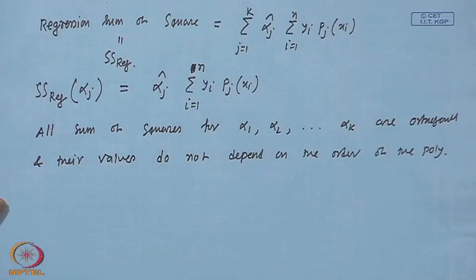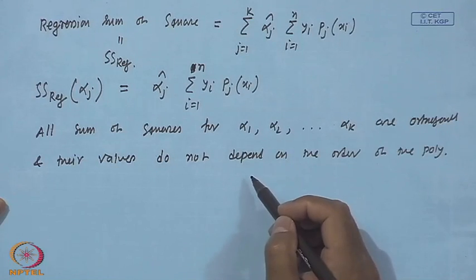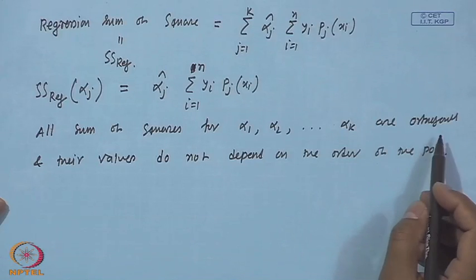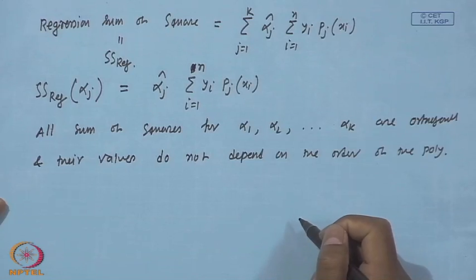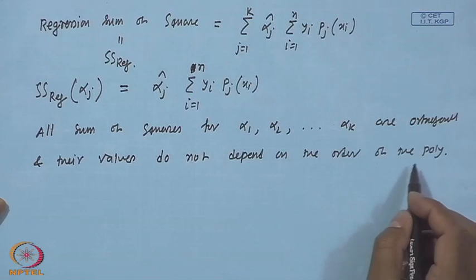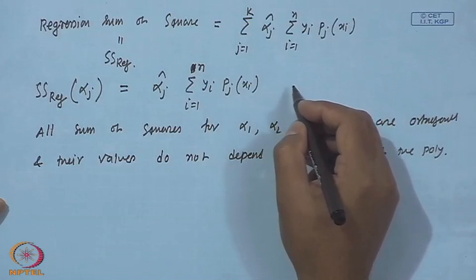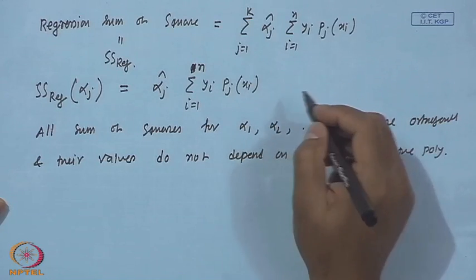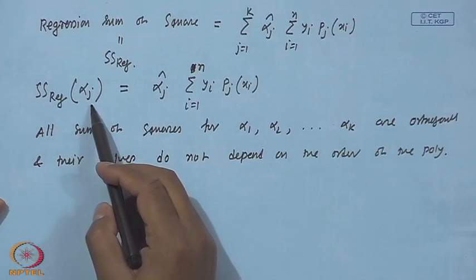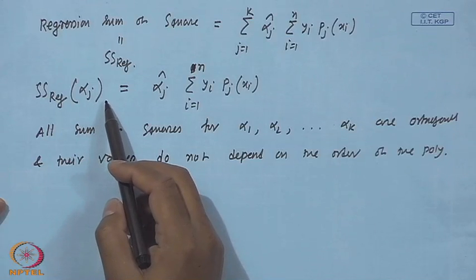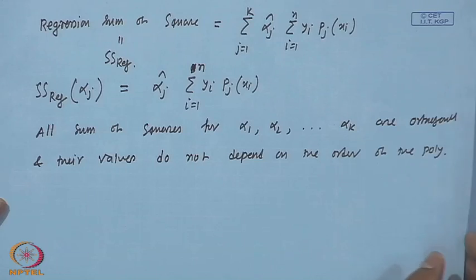Also I mentioned that all the sums of squares for alpha 1, alpha 2, alpha k are orthogonal, and their values do not change depending on the order of the polynomial. So, if instead of kth order, you make it a k plus 1th order polynomial, then the SS regression due to alpha j, for j less than or equal to k, does not change, even if you increase the order of the polynomial.